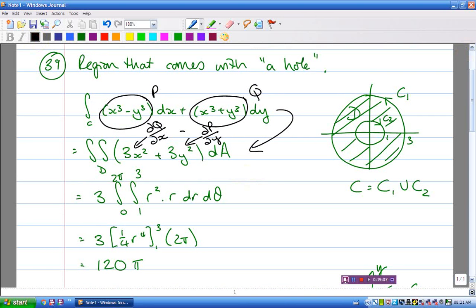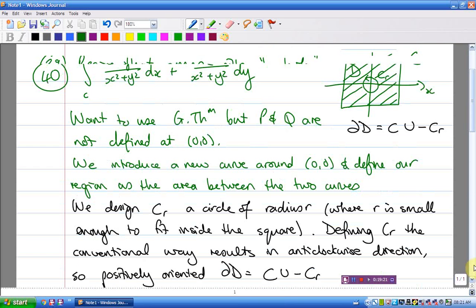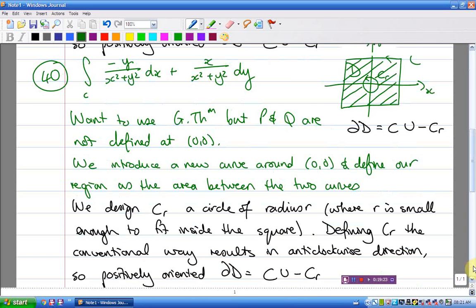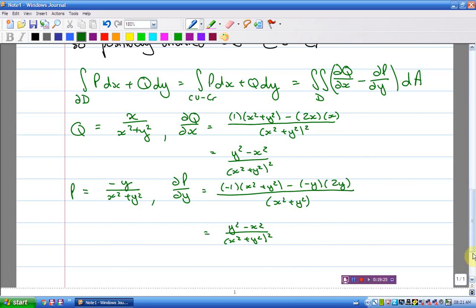So it was 3x squared minus 3y squared. So why are we adding dq, dx, and dp, dy this time? No, we're not. We're subtracting. In 40, yeah, we are subtracting. There's a subtract. But those have a plus. That's just the formula for Green's theorem.